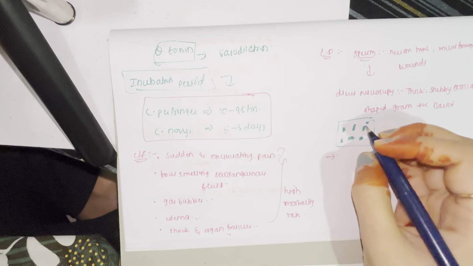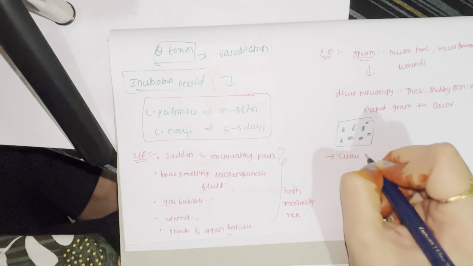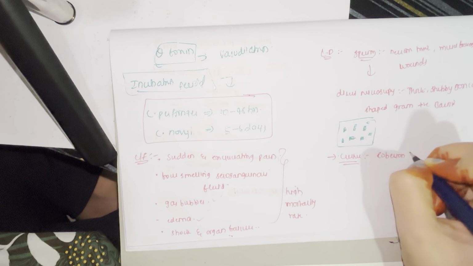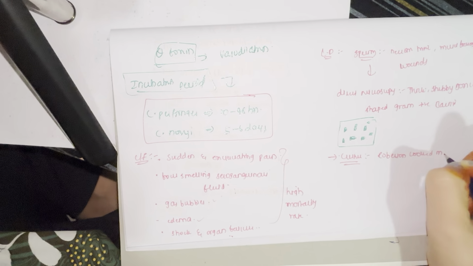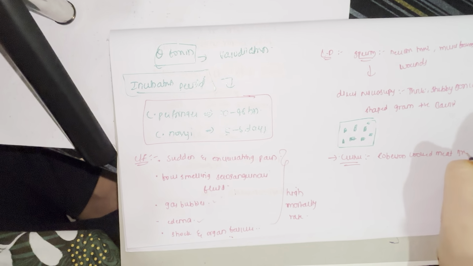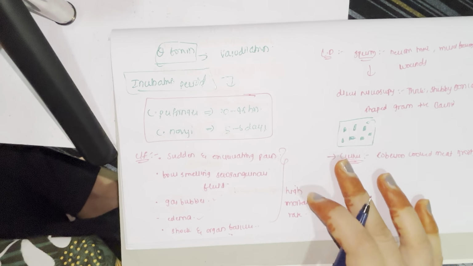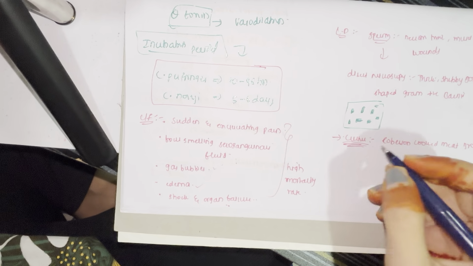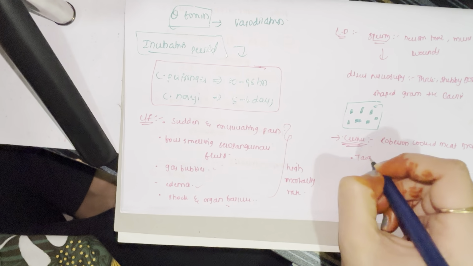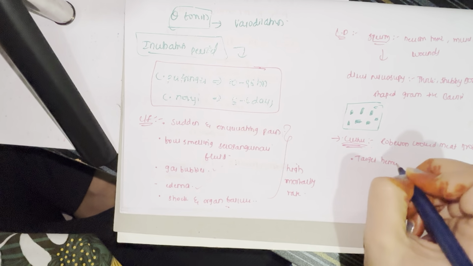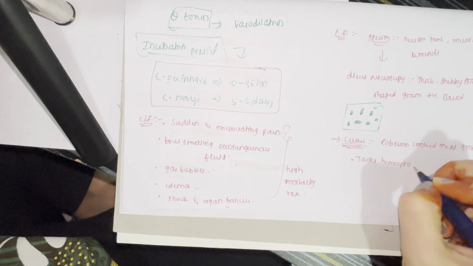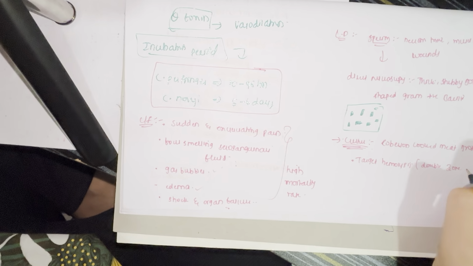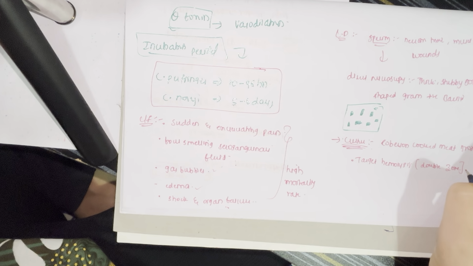The culture medium used to transport the specimens is Robertson's cooked meat broth. For identification of Clostridium perfringens, the tests are: target hemolysis, where you will see double zone hemolysis, which indicates Clostridium perfringens.